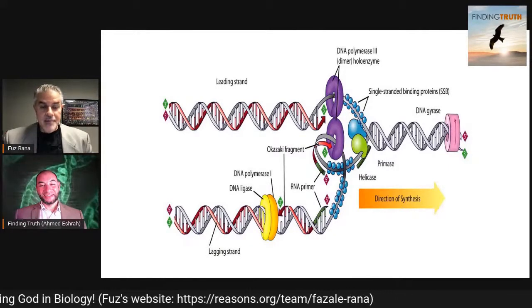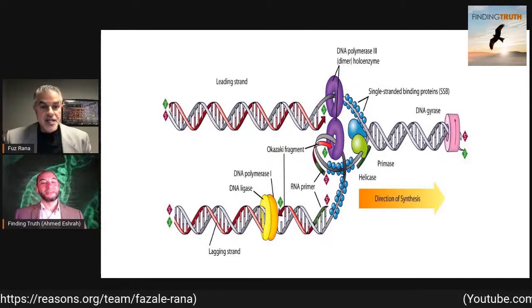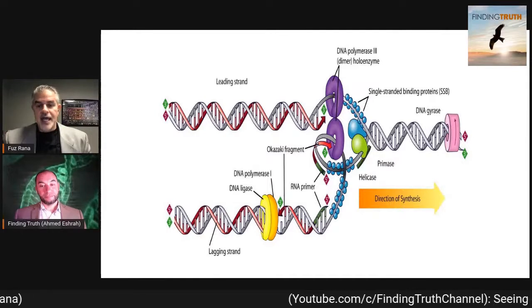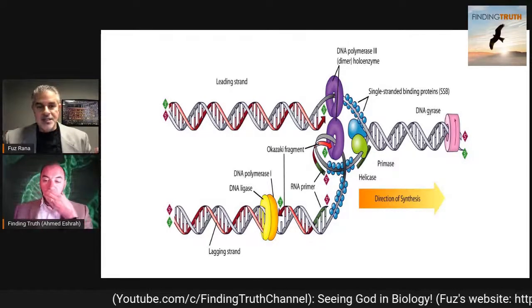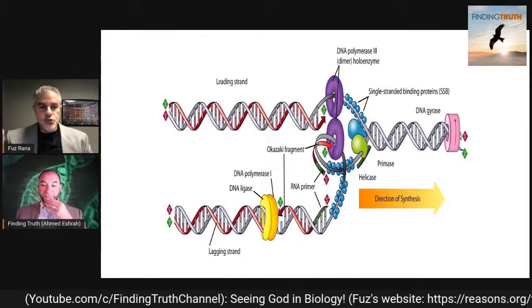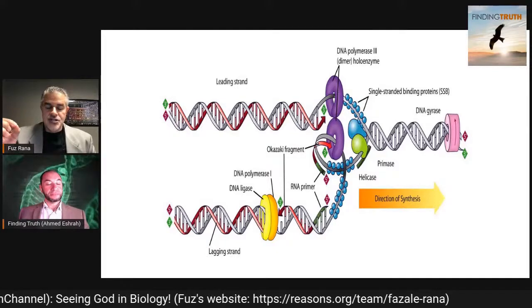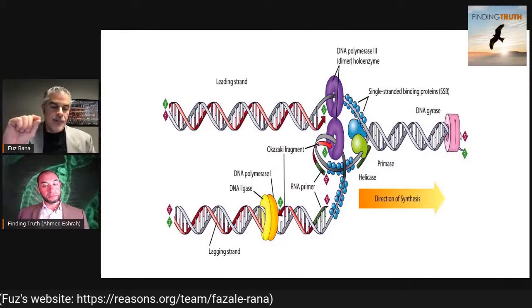And so what that means is that before replication can proceed, there's another enzyme that has to do its work. This is an enzyme called a primase. And what it does is it lays down a very short strand of RNA that's about 10 genetic letters in size, that is essentially an RNA primer.